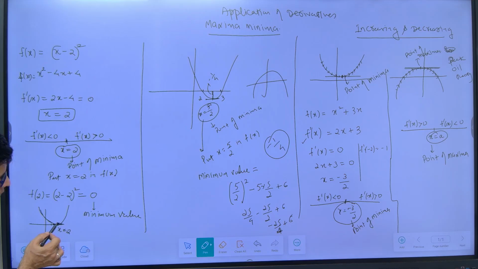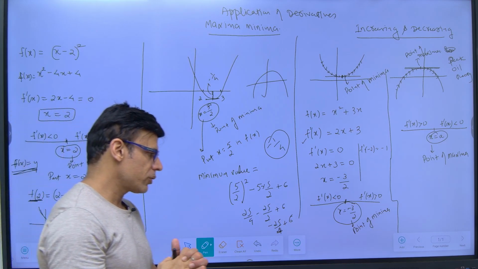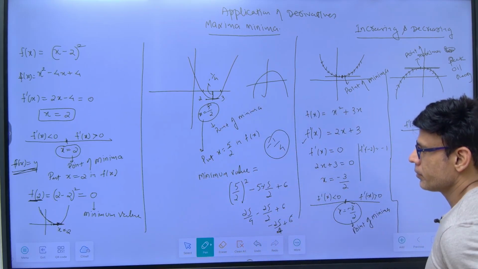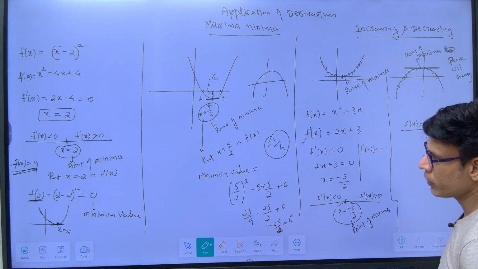So at x axis y is 0 or not? That's why we are getting 0. See, f of x is also called y. Don't get confused in this. f of x and y both are equal. f of x is also equal to y. Right?